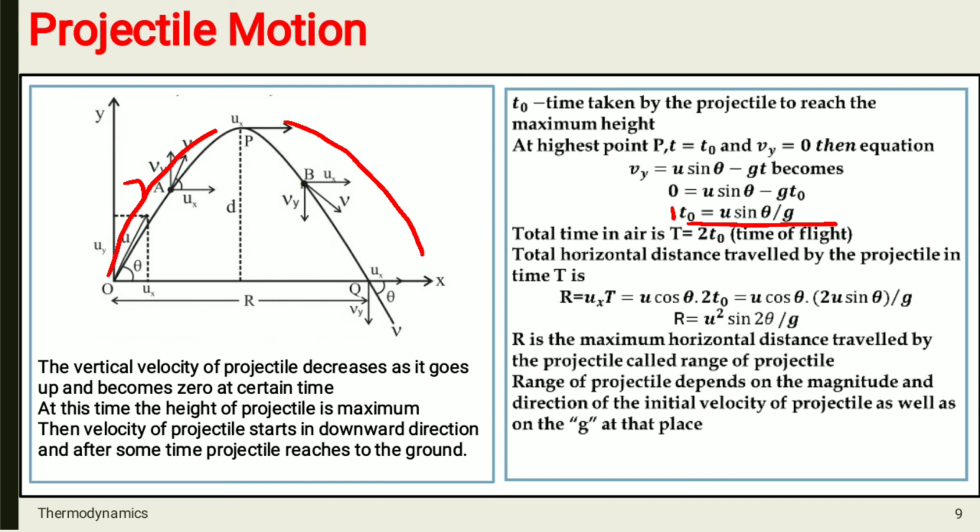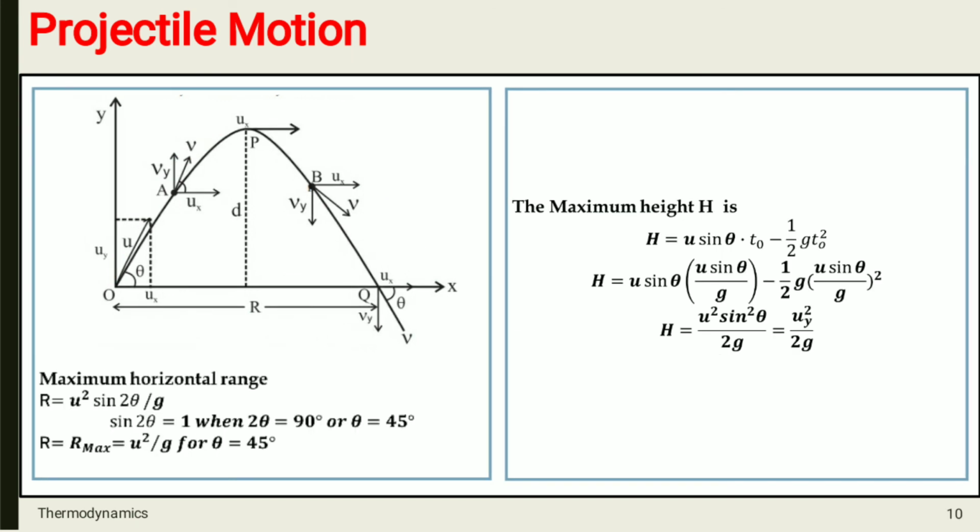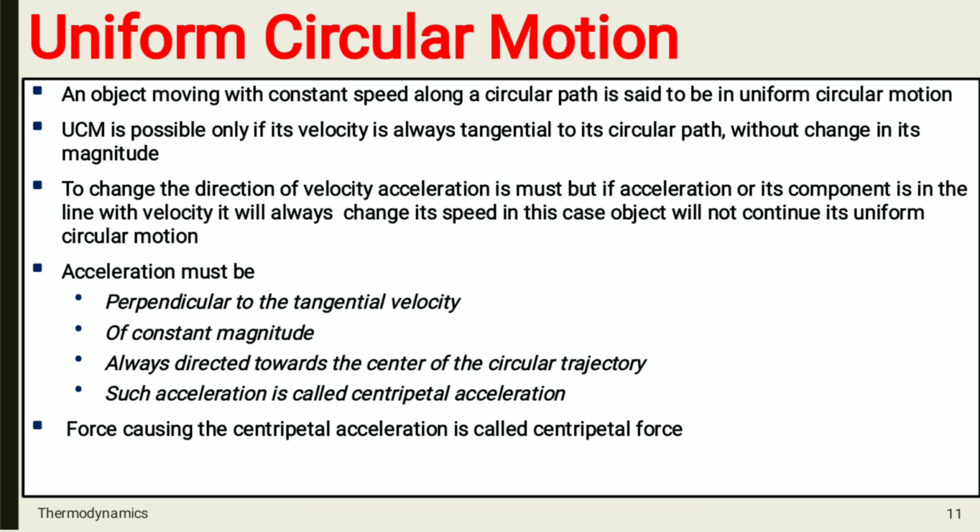Then we calculated the time of flight, horizontal range, maximum horizontal range and maximum height. From tomorrow or the next lecture we will discuss the next topic, that is uniform circular motion. Okay.